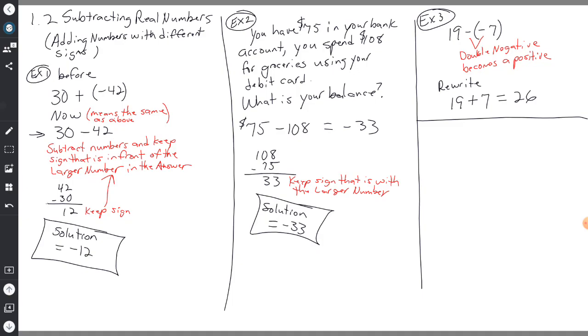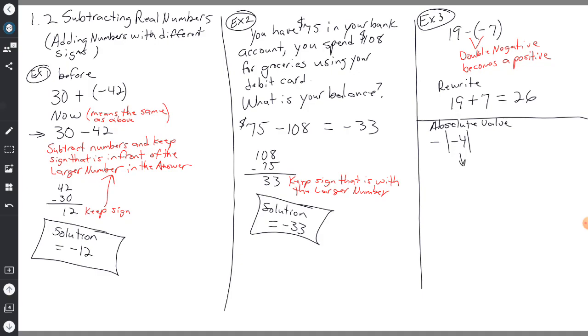So earlier when we were working with absolute value, the absolute value are the bars that look like that. We cannot use that rule with absolute value.